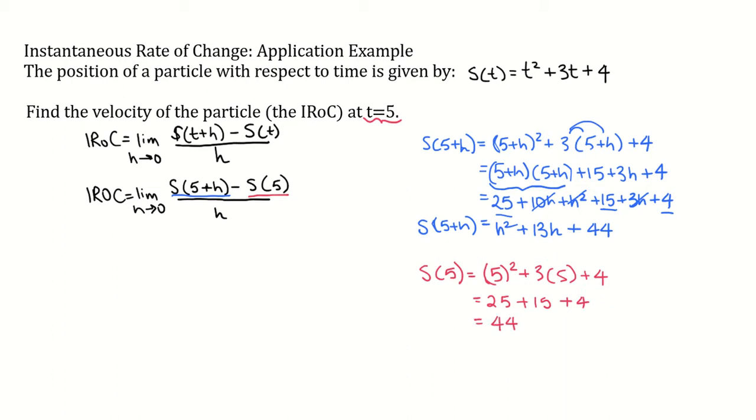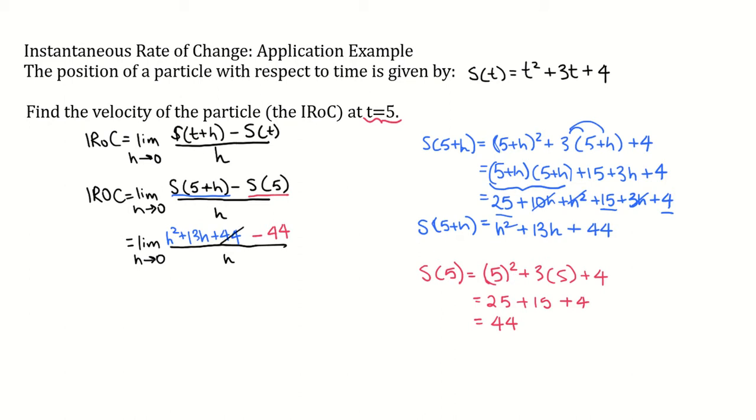And now we can plug these two values or expressions into our instantaneous rate of change formula. We get the limit as h goes to 0 of s of 5 plus h we found to be h squared plus 13h plus 44 minus s of 5 we found to be 44 over h.